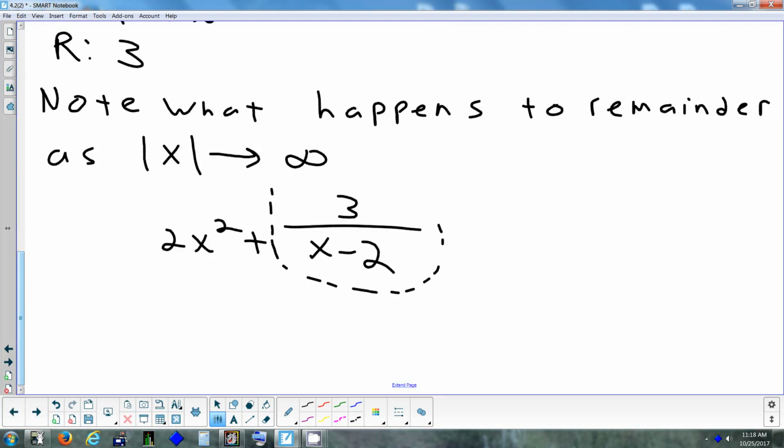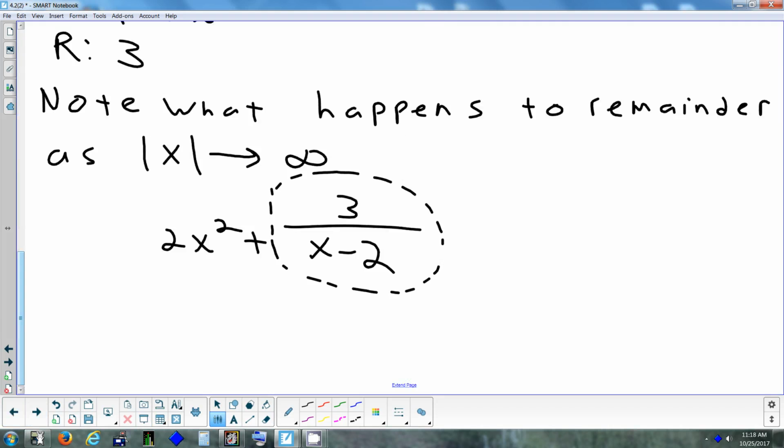I want to look at what's happening to that part. As x gets bigger and bigger and bigger, what happens to that fraction that I just circled? It approaches 0.